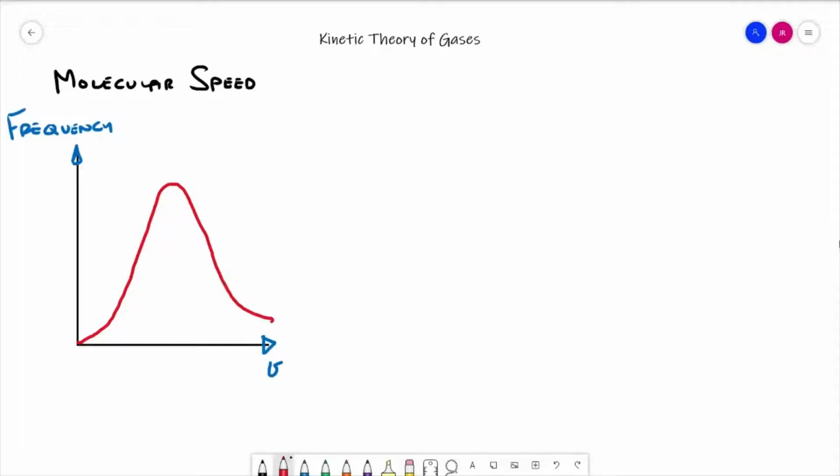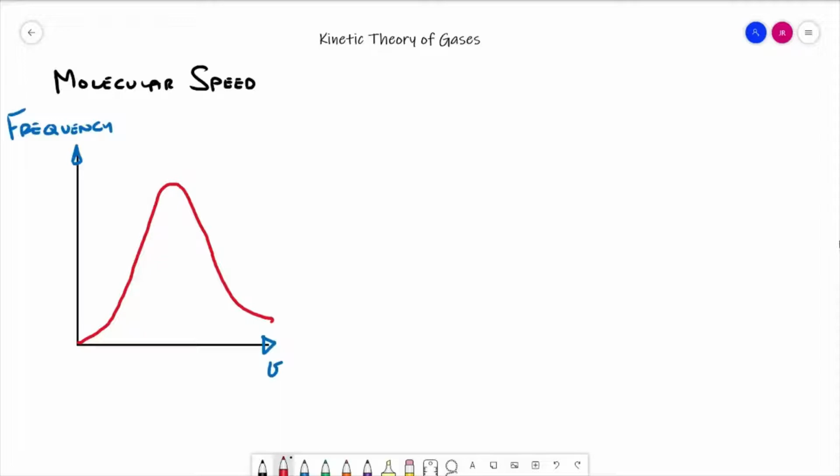Okay. So firstly, we've got a few different things. You might look at this and think to yourself straight away, especially if you've done a lot of statistics in maths, you might look at it and think that this looks very much like a normal distribution. Now you wouldn't be far off. It does look kind of like a normal distribution, but it's not quite a normal distribution. There are a couple of subtle differences which we'll try and talk about in a moment.